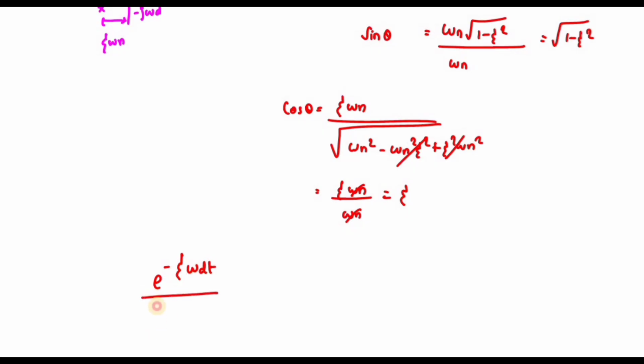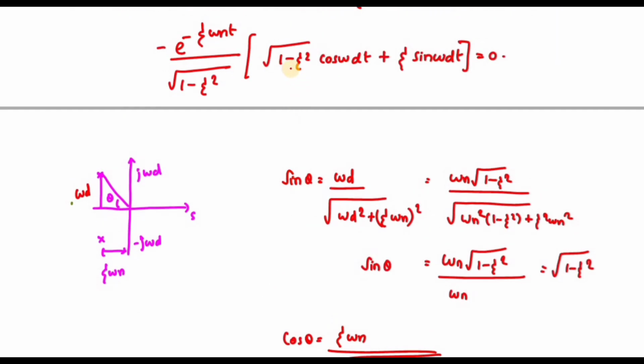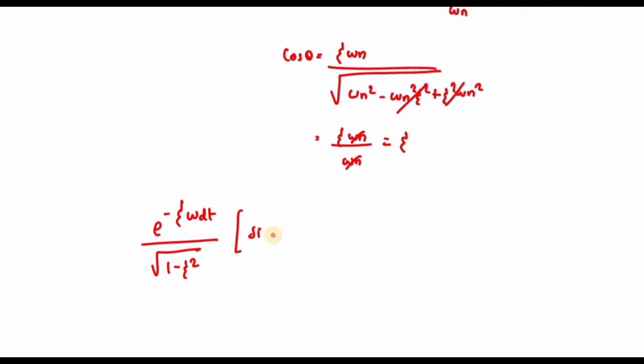Okay, the t is tr, right? Divided by root of 1 minus damping factor square. So this I can write as sin theta cos omega d t plus cos theta sin omega d t, right? So that must be equal to 0.